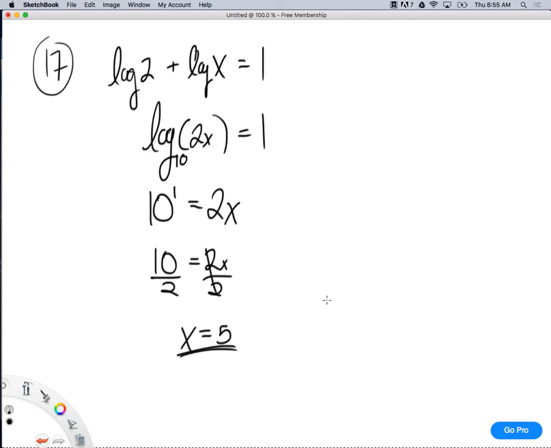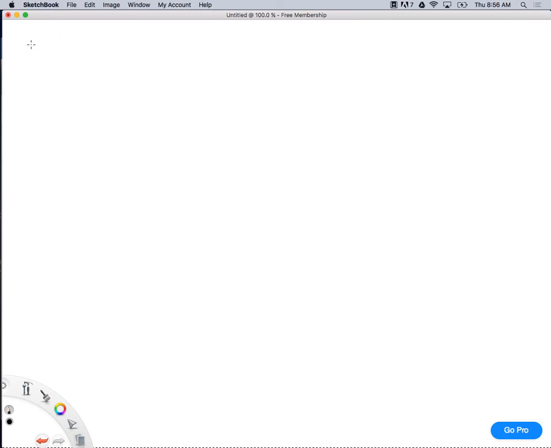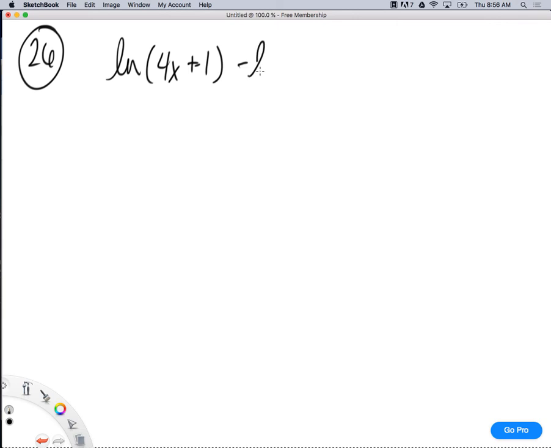All right, last one. Last one is number 26, and then that'll be it. 26. ln of 4x plus 1 minus ln of 3 equals 5. Okay, I've got ln's, so I know I'm working with e here. But before I do anything, I have to use the properties of logarithms. This becomes what?